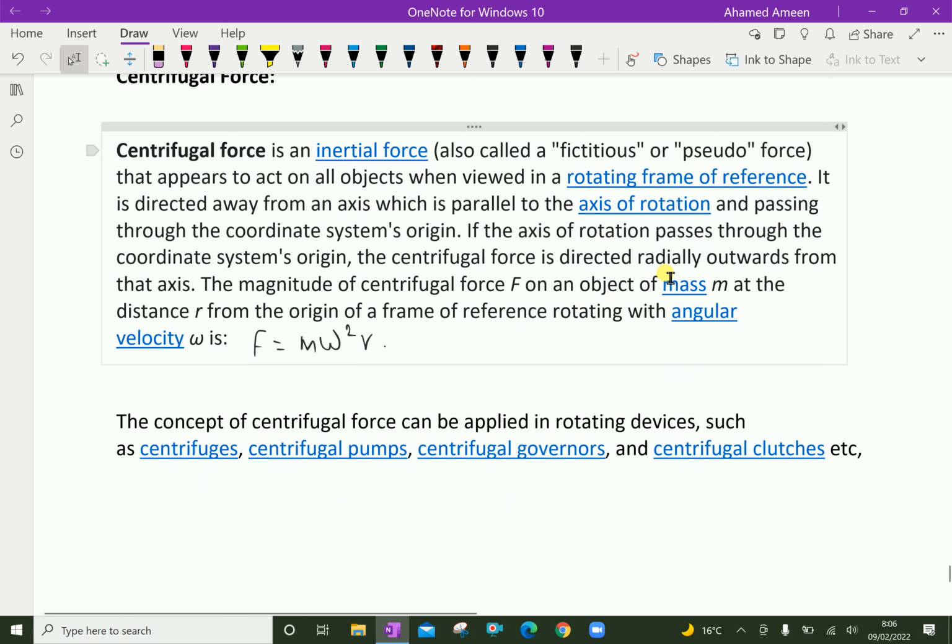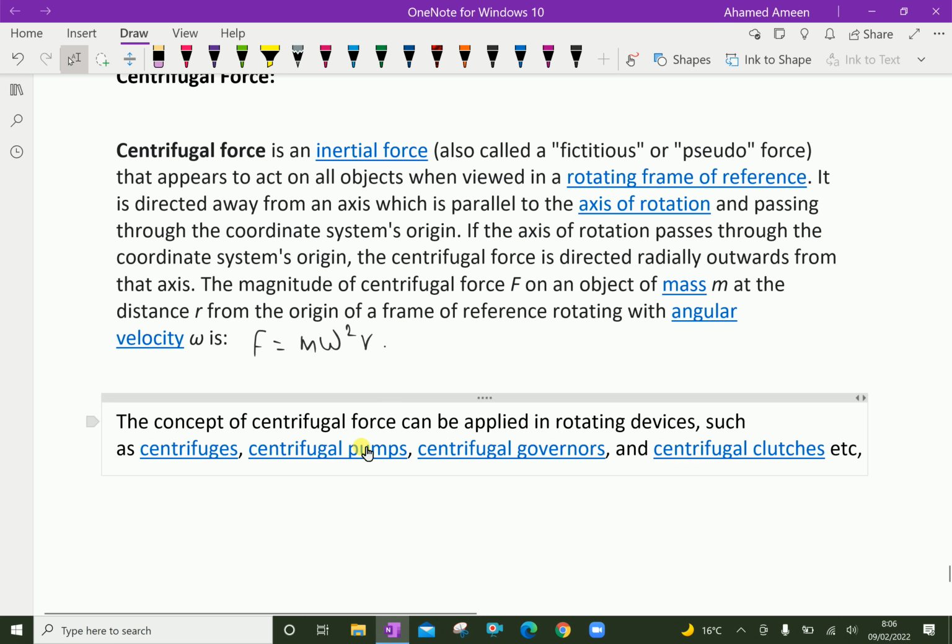If the axis of rotation passes through the coordinate system's origin, the centrifugal force is directed radially outward from that axis. The magnitude of the centrifugal force F on an object of mass m at distance r from the origin of a frame of reference rotating with angular velocity omega is F equals m omega squared r.